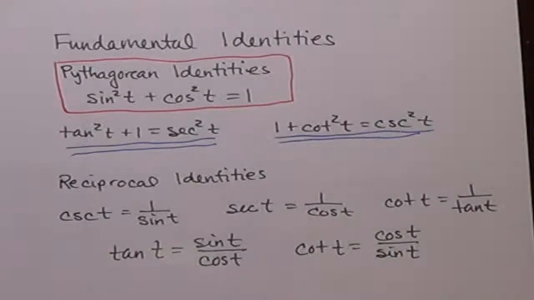The other set of identities that are very useful are the reciprocal identities. And these are ones that help with your basic definitions. So if you only remember sine, cosine, and tangent of particular trig values, meaning t's, your distances around the unit circle, you can use those to get any of the other trig functions.